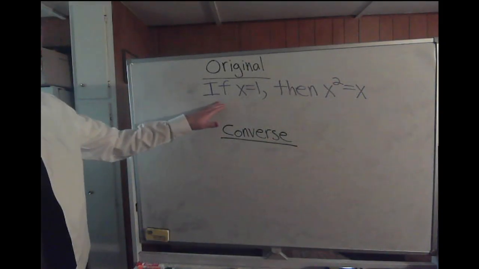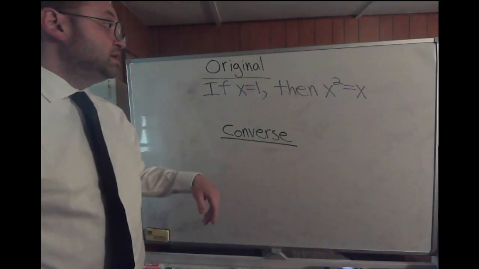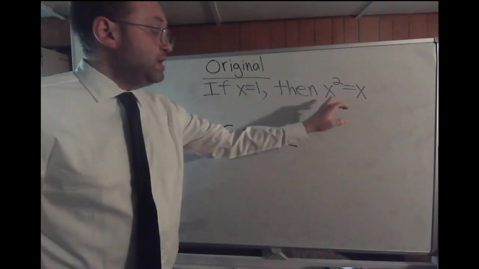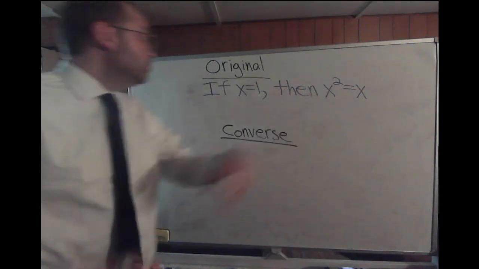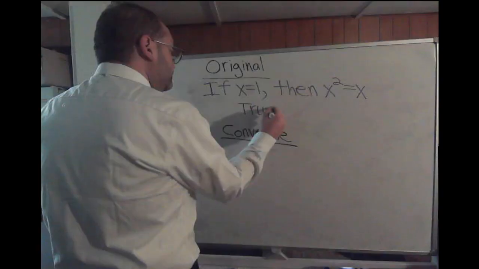So the original statement is that if x equals 1, then x squared equals x. That would actually be true, because if you put in 1 for x, you'd have 1 squared, which is 1. 1 would equal 1. That's absolutely a true statement. So the original is true.